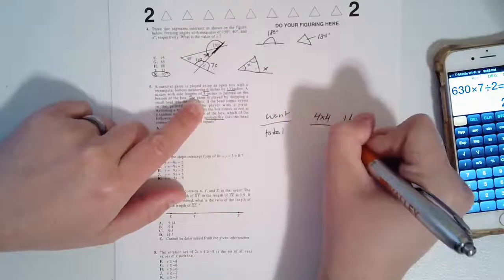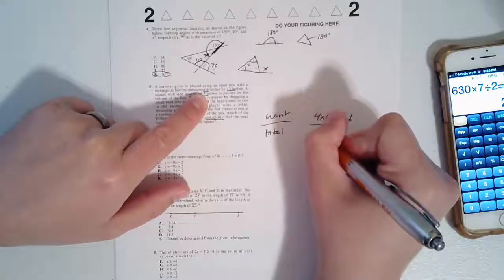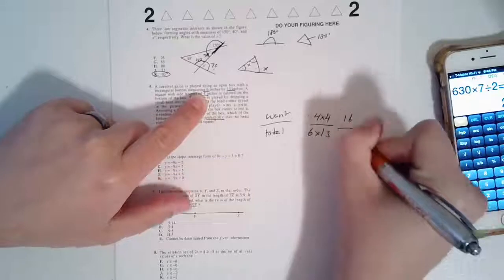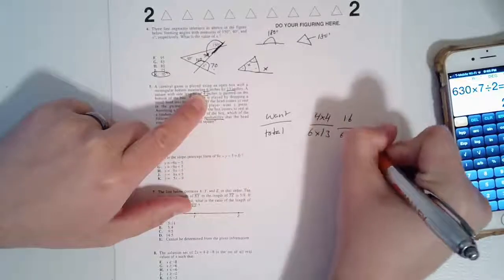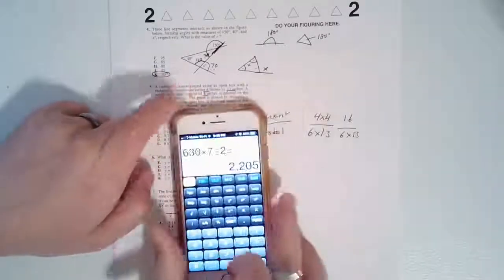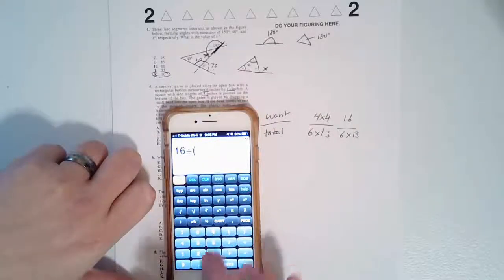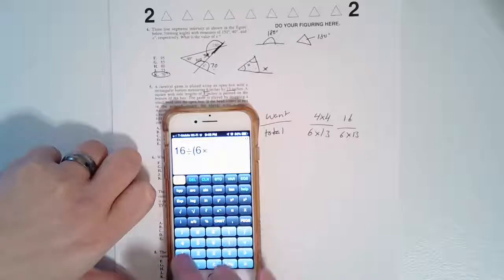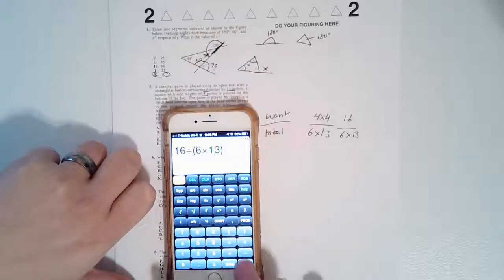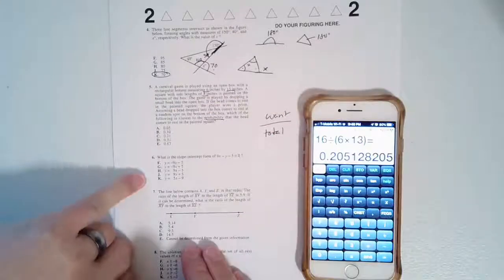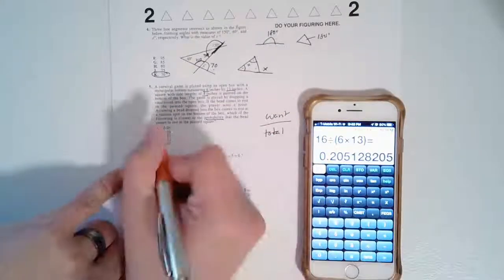Our total is the total area of the bottom of the box, which is 6 by 13. I don't know that off the top of my head, so I'm just going to leave it like that. And then again, calculator. 16 divided by parentheses 6 times 13 and parentheses equals, my probability of winning is only about 20% or 21%.